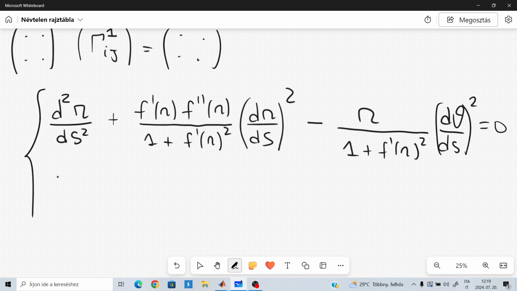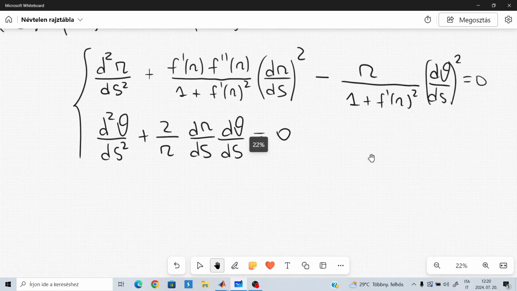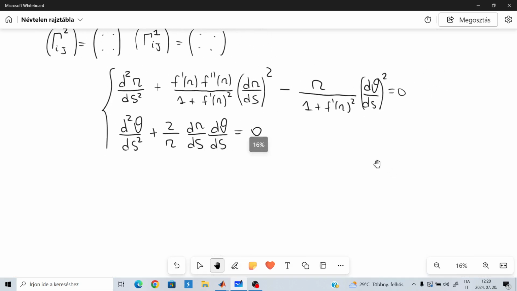And we have also another equation: d squared theta over ds squared plus 2 over r, dr/ds d theta/ds equal to 0. Now, the second equation here can also be written in the following fashion.